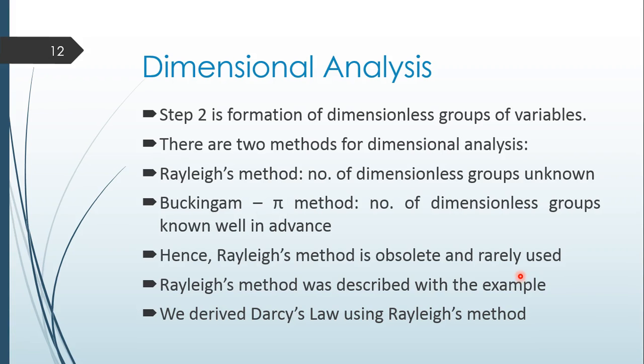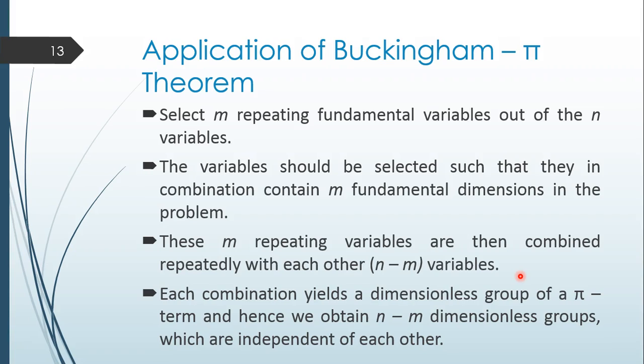For applying the Buckingham pi method, we select m repeating fundamental variables out of the n variables. So if there are n variables describing the phenomena, in which one is the dependent variable and the other n minus 1 are independent variables, we select m repeating variables.